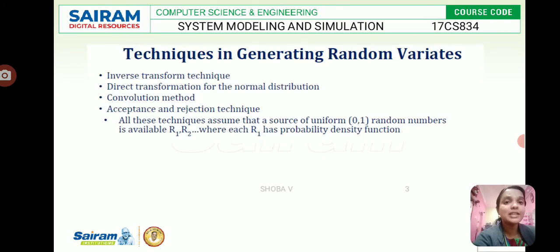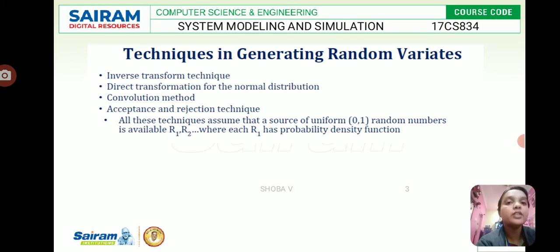Now we will see the techniques for generating random variates. We have the inverse transform technique, direct transformation for the normal distribution, the convolution method, and the acceptance and rejection technique. All these techniques assume that a source of uniform 0, 1 random numbers R1, R2, is available, where each R has a probability density function.